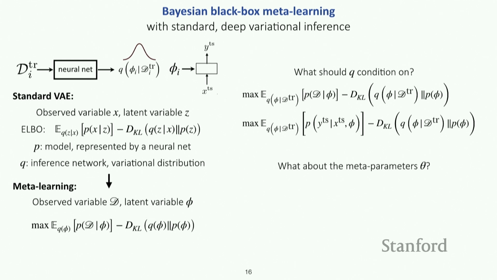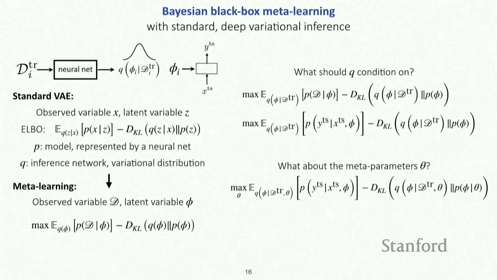So that's what our inference network and our objective look like. What about the metaparameters? They don't appear anywhere right now, because I didn't actually give any parameters to P and Q. The metaparameters come in as parameters of our model. I added here that our prior over the task-specific parameters phi is conditioned on theta.